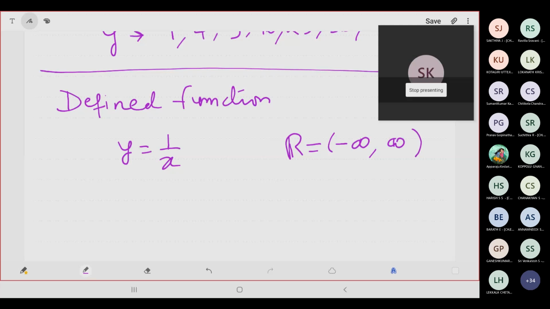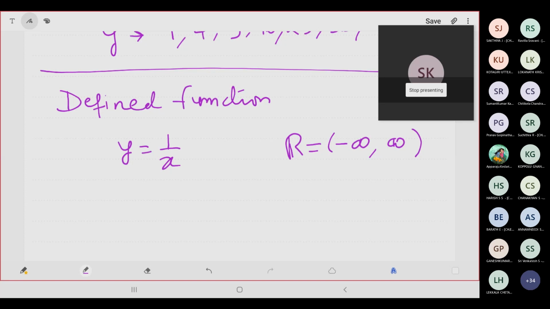You can always take the domain as the reals, but you must check that at all the points of the real numbers the function is defined.